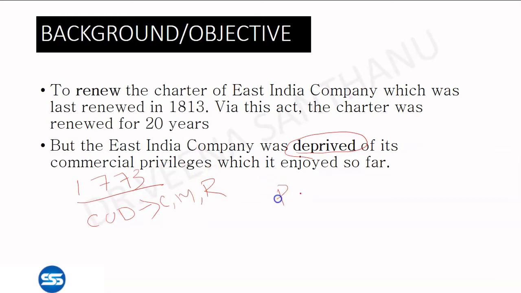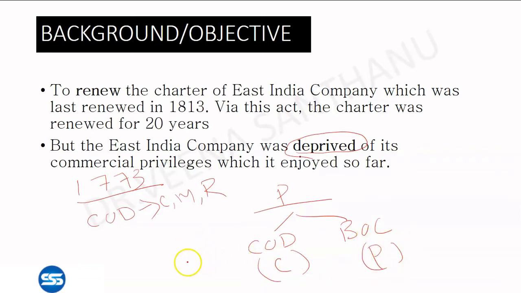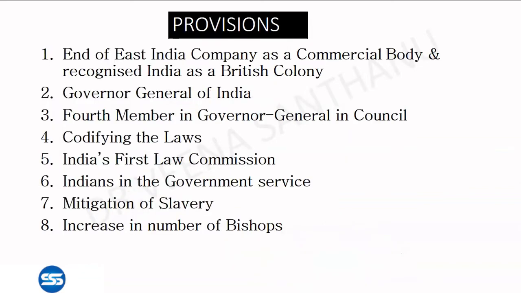And in the East India Act, these privileges were divided into Court of Directors and Board of Control, because the Court of Directors started controlling the commercial affairs, and the Board of Control started controlling the political affairs of the company. But anyhow, the East India Company had their hold over commercial affairs, no doubt regarding that. But through this act, they were deprived of the commercial privileges which they enjoyed so far.